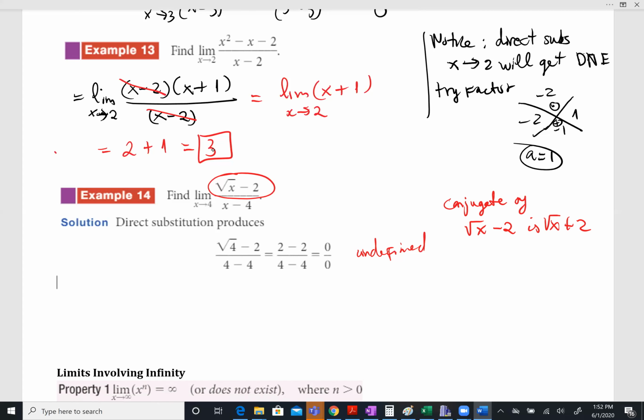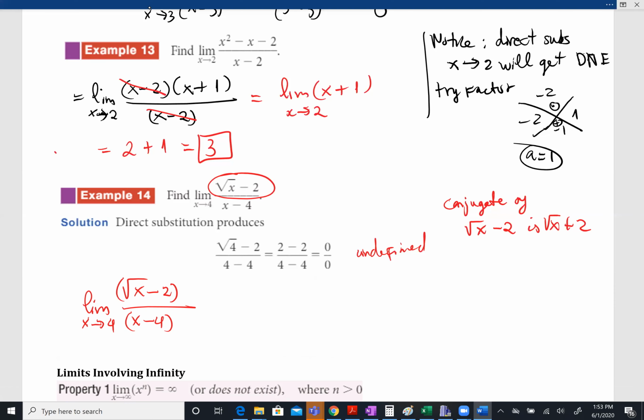So let's write that. I have the limit as x goes to 4 of (square root of x minus 2) over (x minus 4). I'm going to change the color.